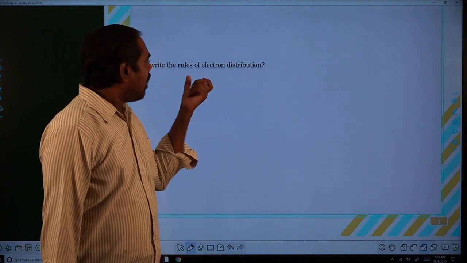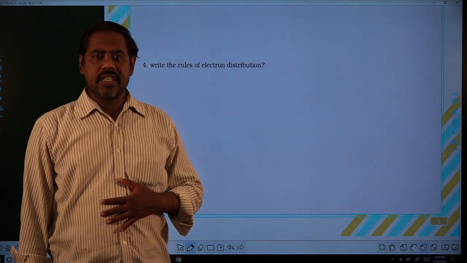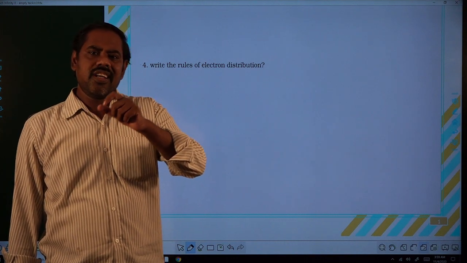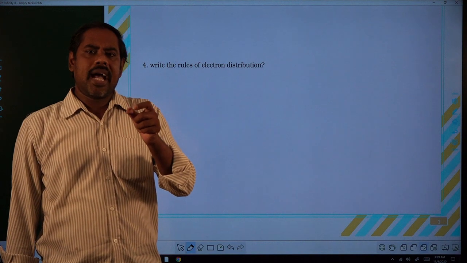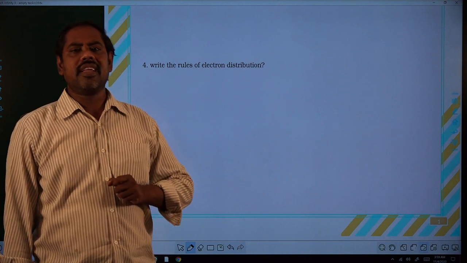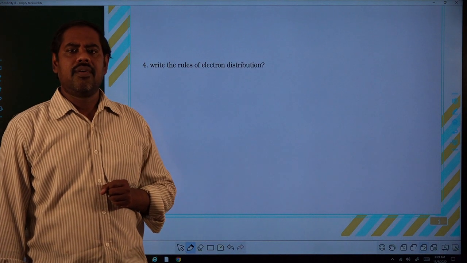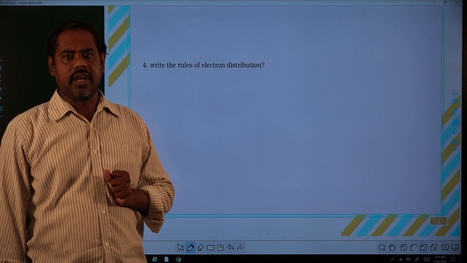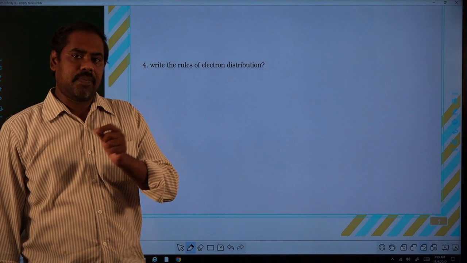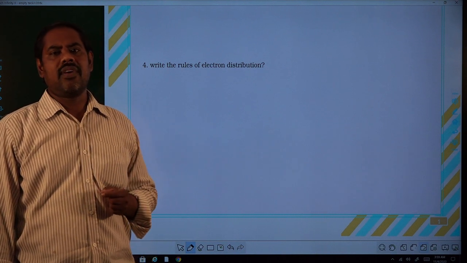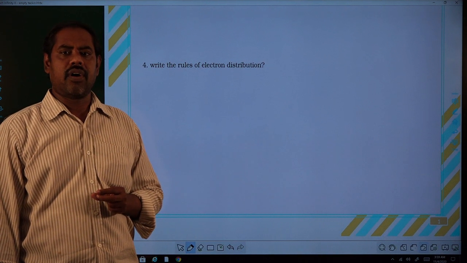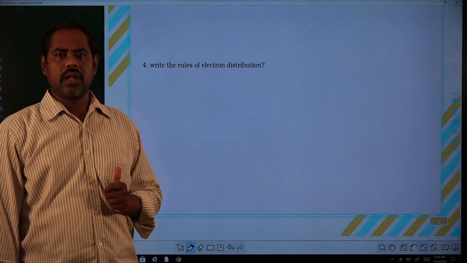The maximum number of electrons in each shell we can calculate by using the formula 2n square. Similarly, the shell is again divided into subshells, and the maximum number of electrons in a subshell we can calculate by using the formula 2 into (2l plus 1).